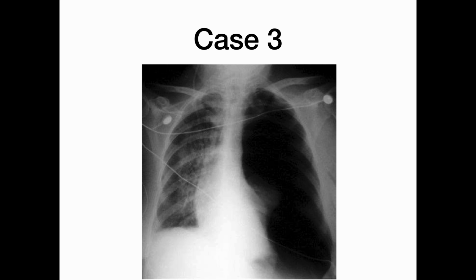So again, same rules as always. If you need to decompress a chest, you can do it urgently with a chest drain, or emergently if they're arrested with finger thoracostomies. But don't do nothing, because that isn't an option.